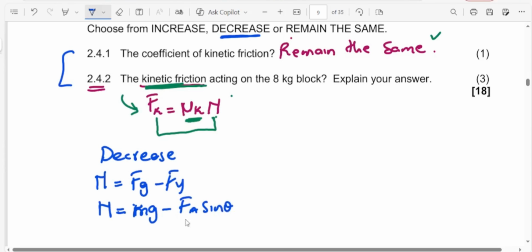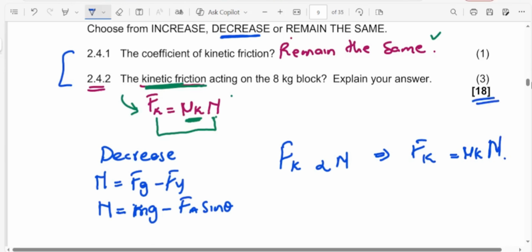If you give them the formula, you're going to get full marks. Or you can say Fk is directly proportional to the normal force. And remember, to find Fk, we use μk times the normal force. And that's how easy it is to collect the 18 marks.